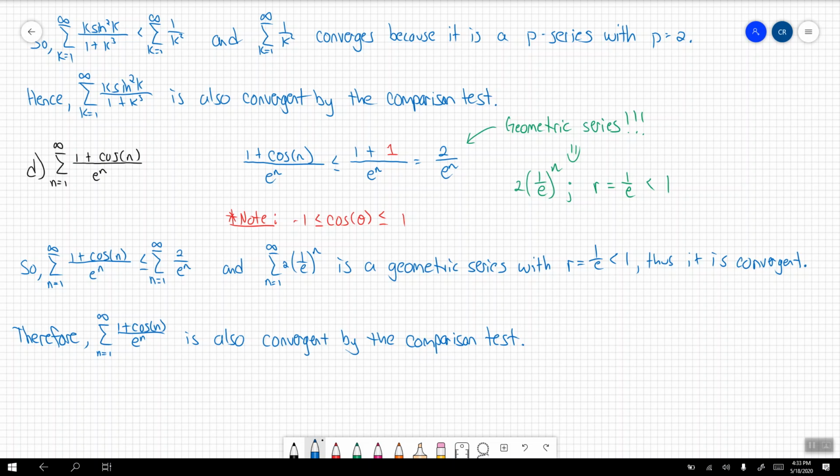All right, so hopefully that's not too bad. Again, the hardest part is when we're trying to analyze what is a comparison. Notice if I did the comparison from below, I would probably get a similar result. Nope, I would not, because from below, this would be 1 plus -1 divided by e to the power of n, and then I would just get 0.